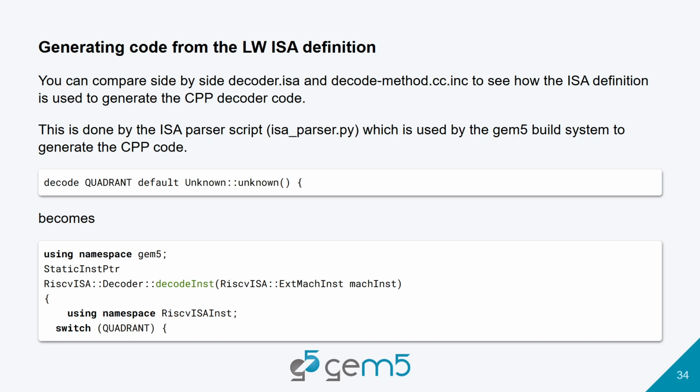I'm going to go over how this decoder is generated. If you remember correctly, this is all our bespoke ISA instruction declaration language, and the ISA parser will take in this decoder and create C++ code. So that top line, decode quadrant, default unknown, is parsed into C++ into this: RISC-V decoder decode, switch quadrant.